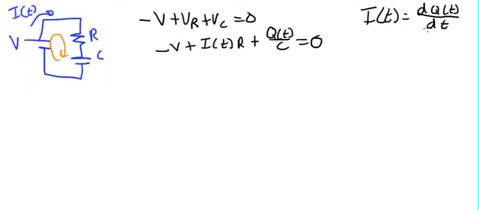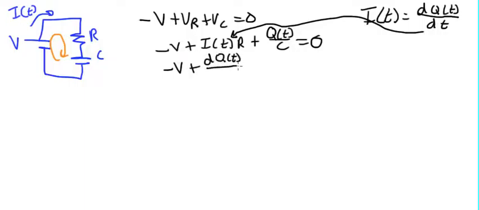So now we substitute this in right here. We have minus V plus dQ of t over dt, multiplied by R just because I was multiplied by R, plus Q of t over C equals 0. Now we have some constant potential V, a time derivative of Q, Q, and 0.